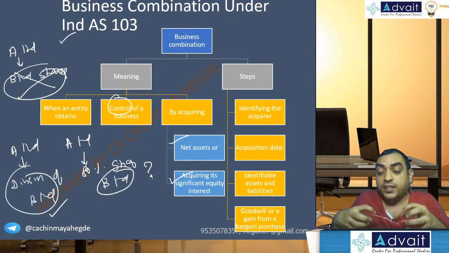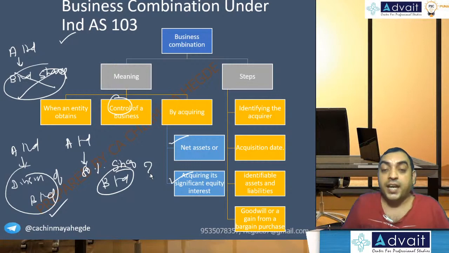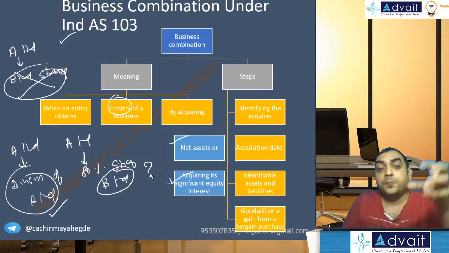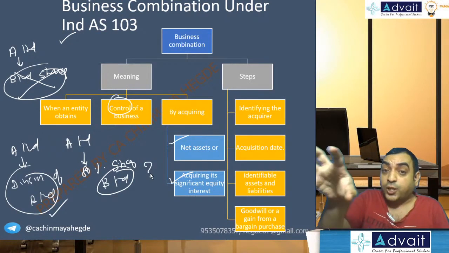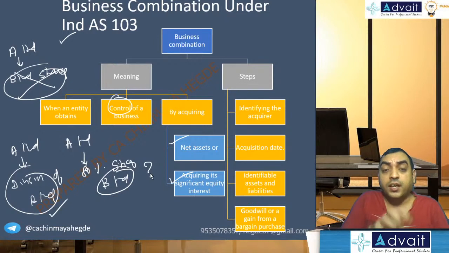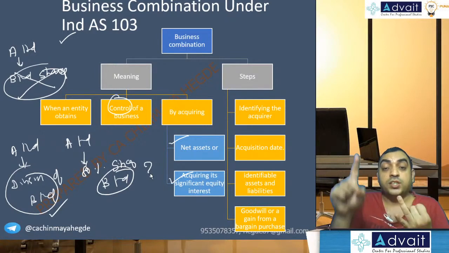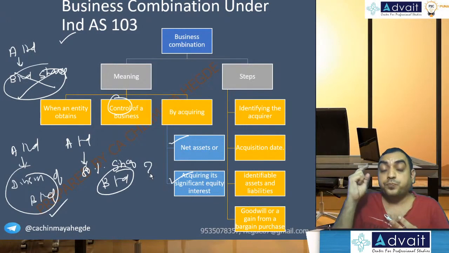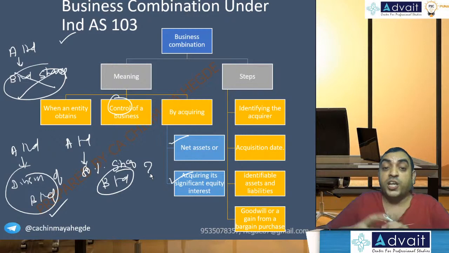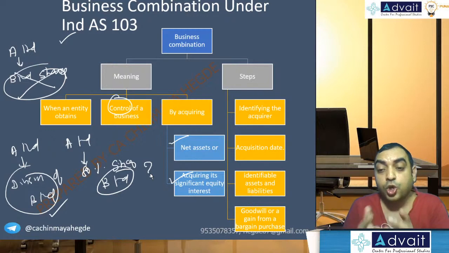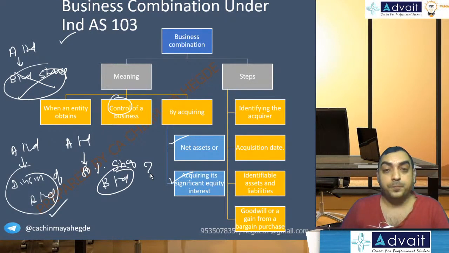Ind AS 103 covers amalgamation, acquisition by creating a subsidiary, demerger, acquiring a division, so merger, division acquisition, business acquisition, amalgamation, holding company, subsidiary company, relationship establishment, all covered under Ind AS 103.